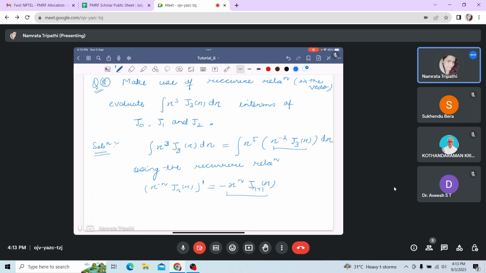Is it fine? If we take n is equal to 2 in this relation, you will get the value of the expression z minus 2, z3 of x. What will be the value? This will be the value.